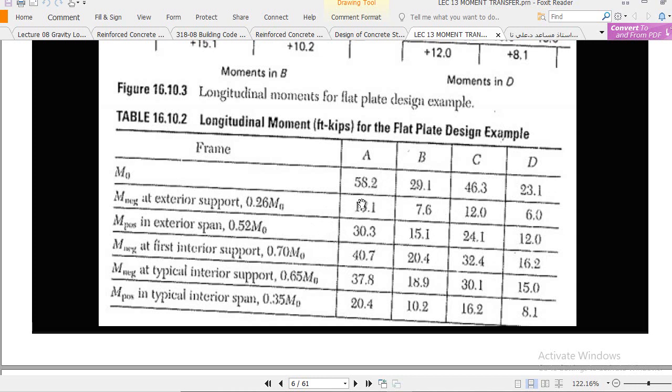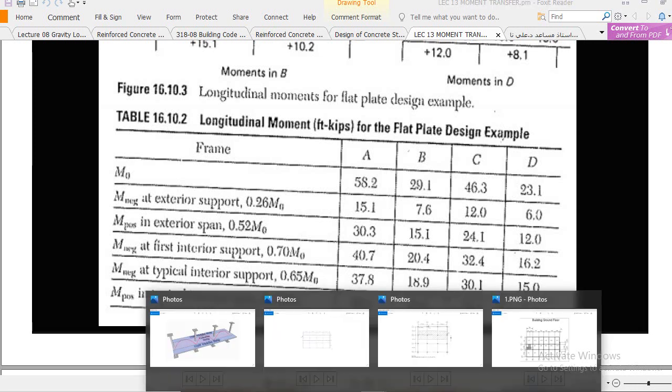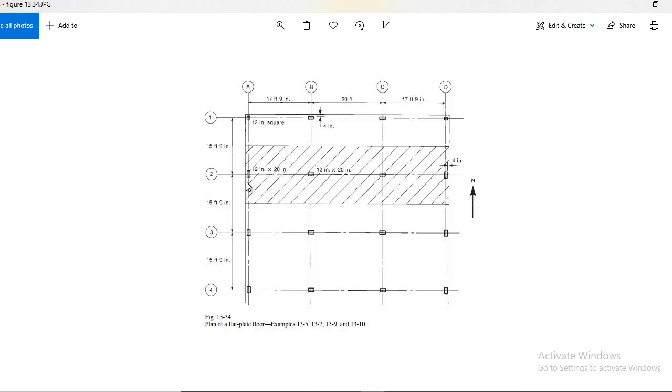Now remember, this is the moment which is absorbed by the column strip. In a flat slab system, it must be remembered that the whole moment at the exterior or edge column is transferred to the column strip, and zero moment is transferred to the middle strip. It means 100% of the moment is absorbed by the column strip, while 0% goes to the middle strip.